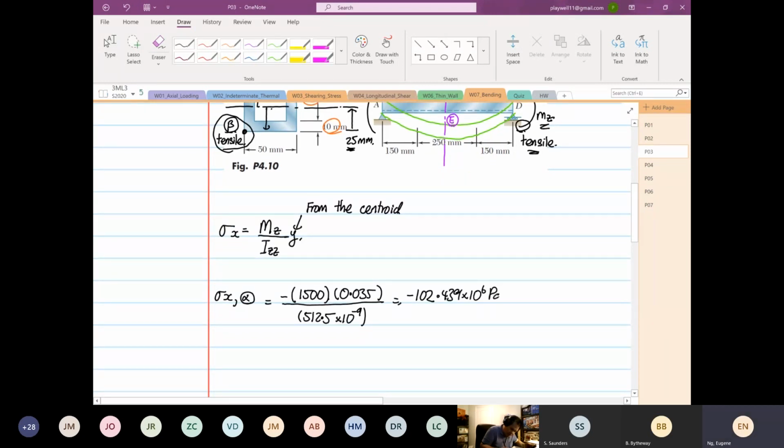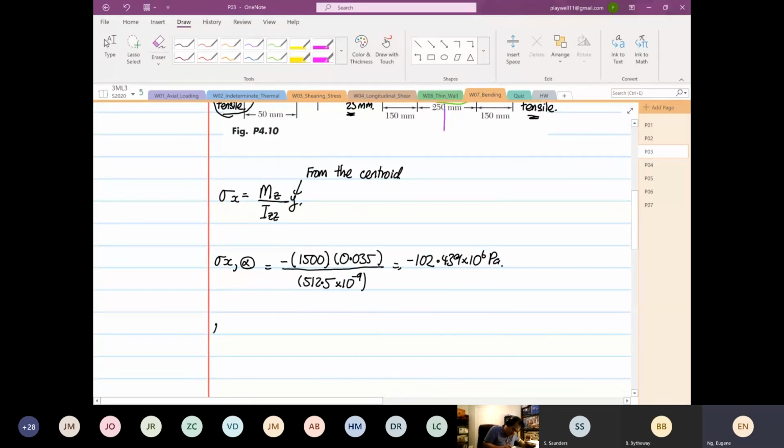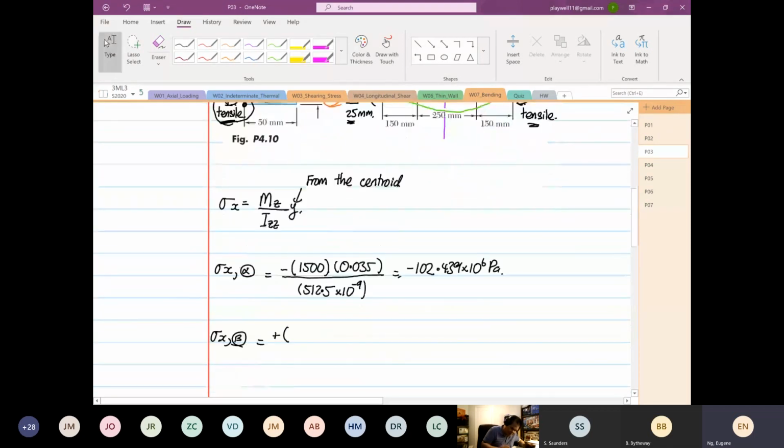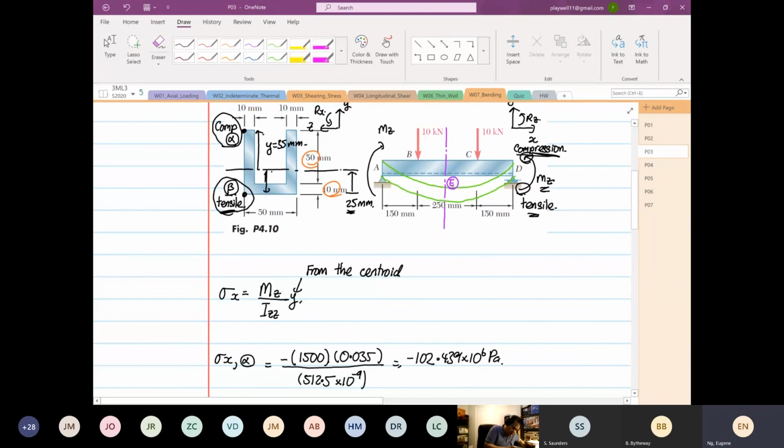Okay. And stress X beta will be equal to positive. Why positive? Because we know beta is going to be tensile, 1500. The distance now is 0.025 from the centroid, right? So from here to here is 25 millimeters.